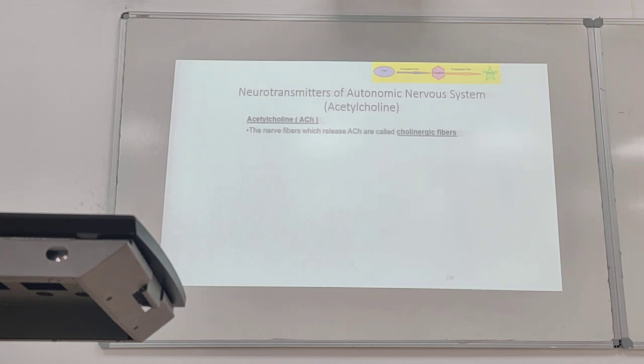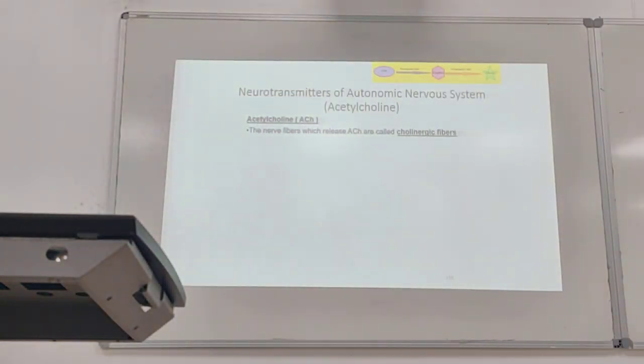I repeat once again. What is the neurotransmitter of parasympathetic? It is acetylcholine. And what is the neurotransmitter of the sympathetic system or emergency system? Better we say noradrenaline. They are sisters. Adrenaline comes from our adrenal gland on the kidney. Noradrenaline comes from the nerve fibers.